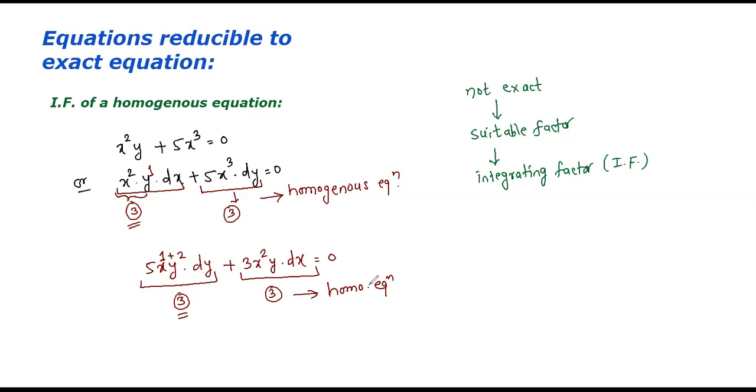So suppose m dx plus n dy is equal to 0 is a homogeneous equation.